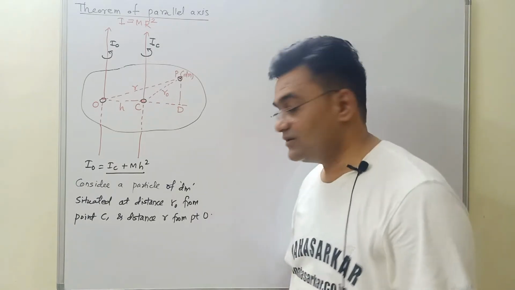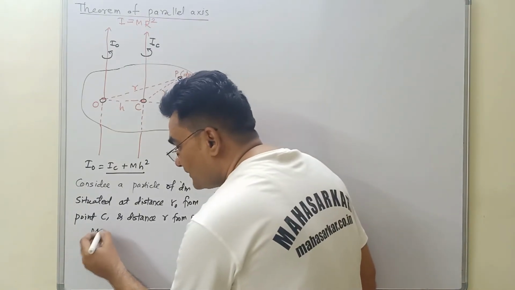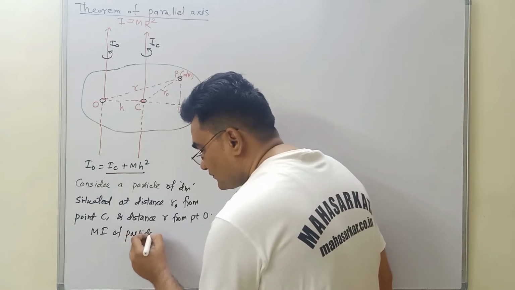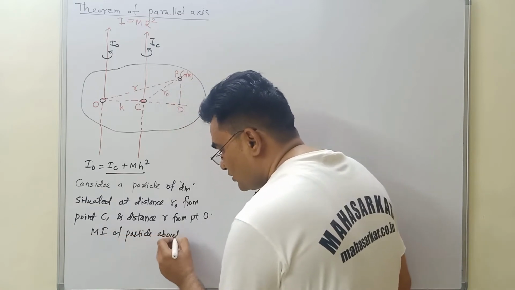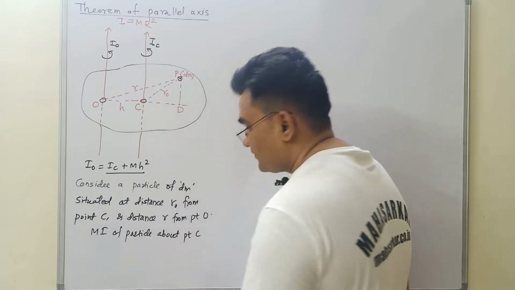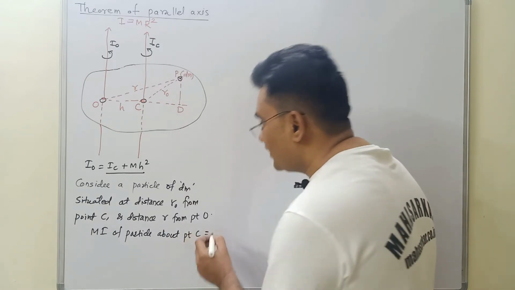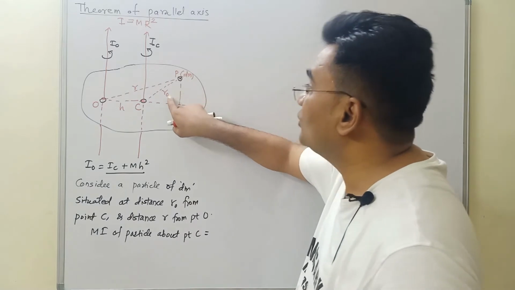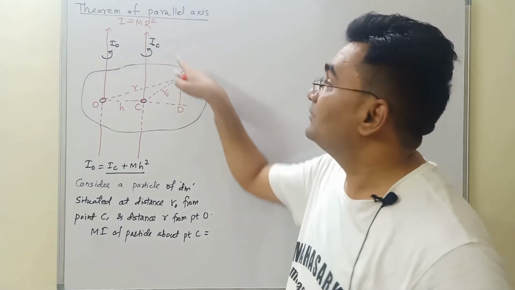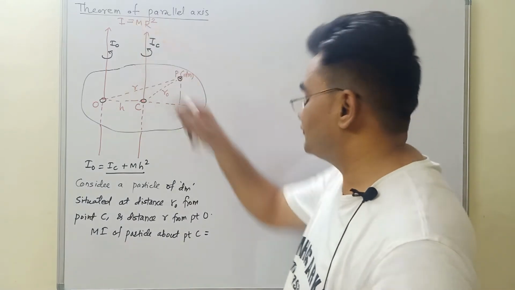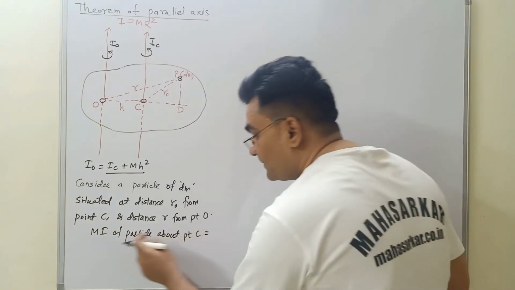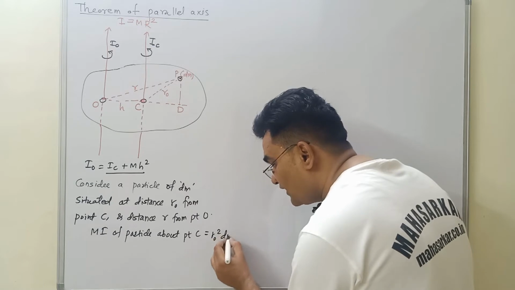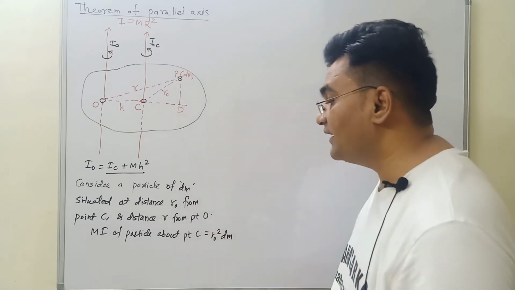Now by definition, the moment of inertia of the particle about point C can be given by the formula: the particle is at distance r0 and mass is dm, so m into r square gives r0 square into dm.